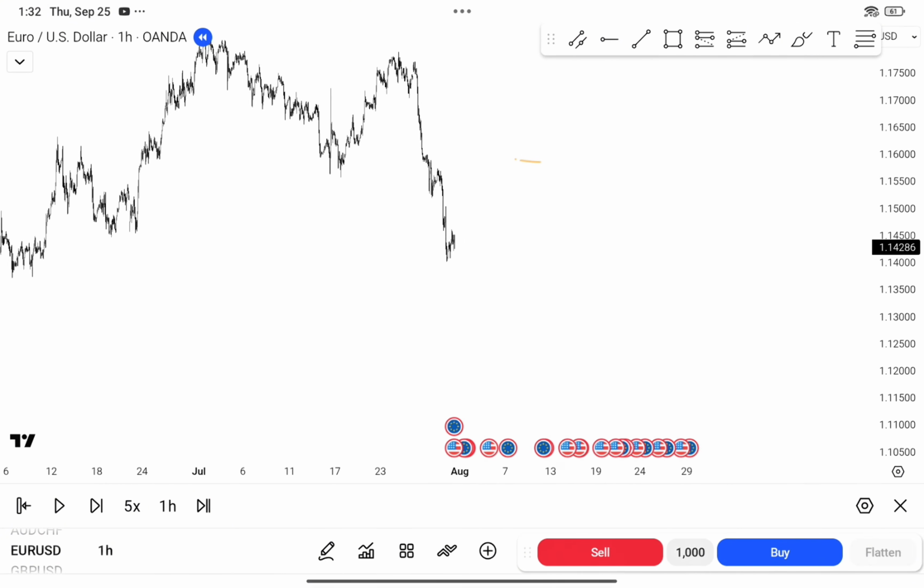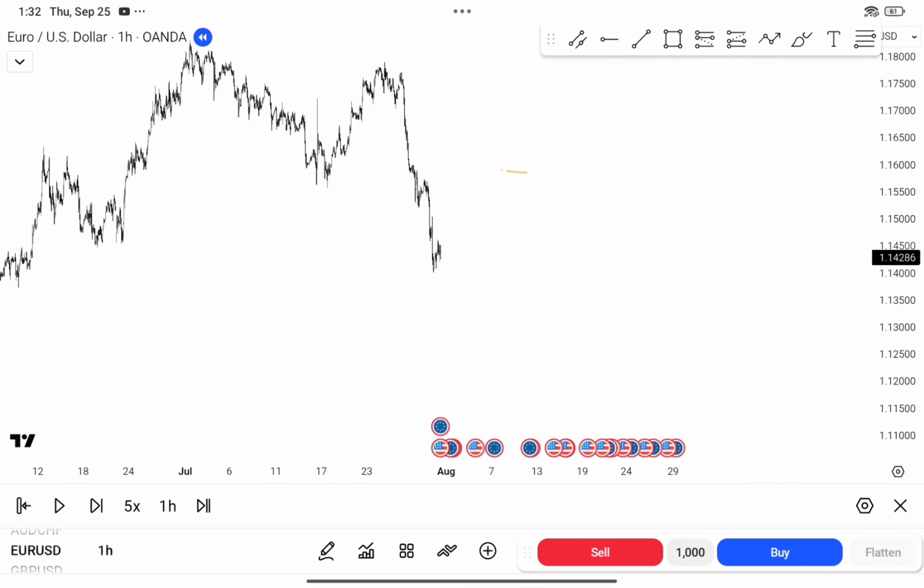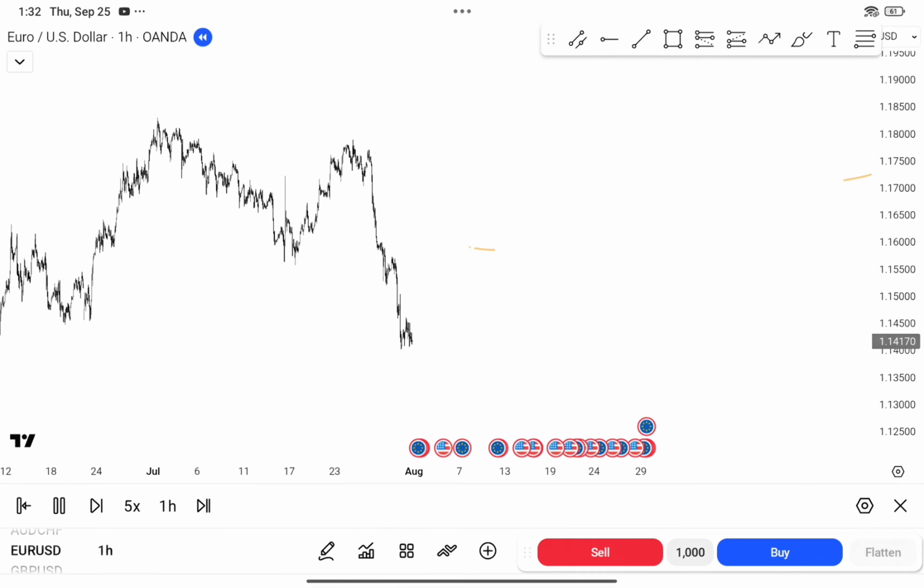Euro USD. The aim here is to find a reclaimed block. Remember, Euro USD has broken out from this block, and it bounced back into that zone.